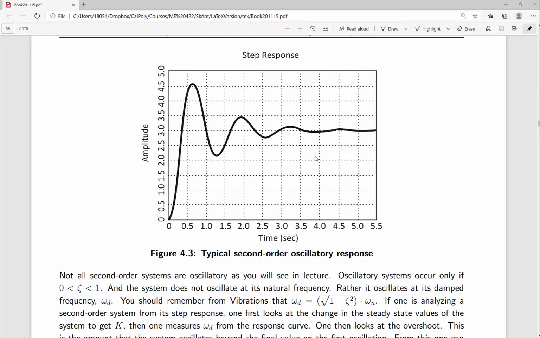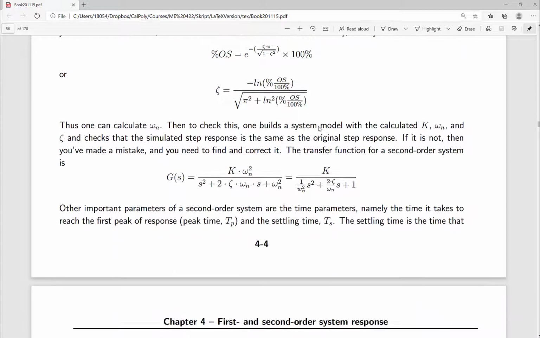Those are physical parameters, and from them you can come up with the performance parameters, K, zeta, and omega n. The performance parameters are related to this response curve, and that's why they're called performance parameters as opposed to physical parameters.